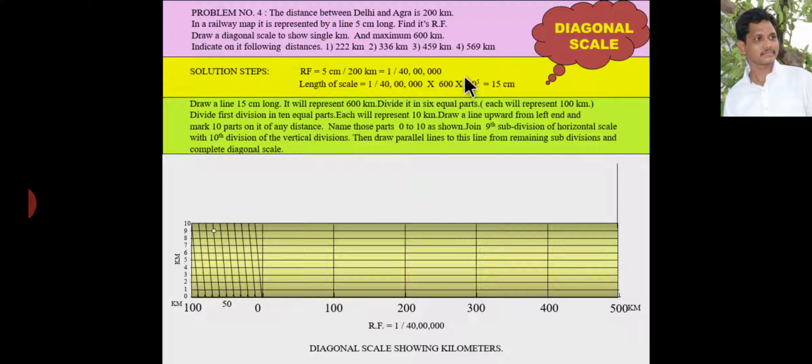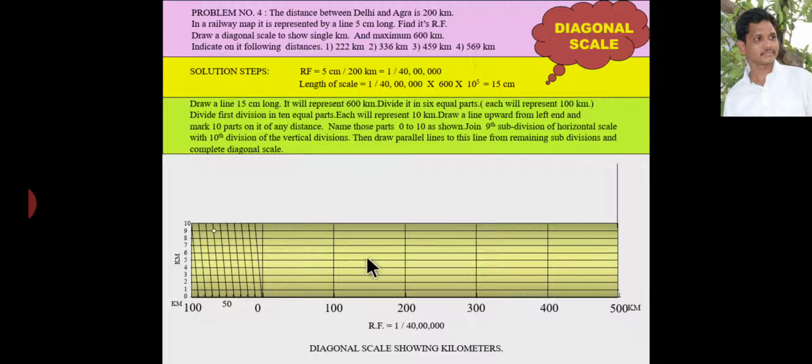First of all, I will show the value of 569 kilometers on this scale. So you have to divide this 569 into 500 kilometers plus 60 kilometers plus 9 kilometers.